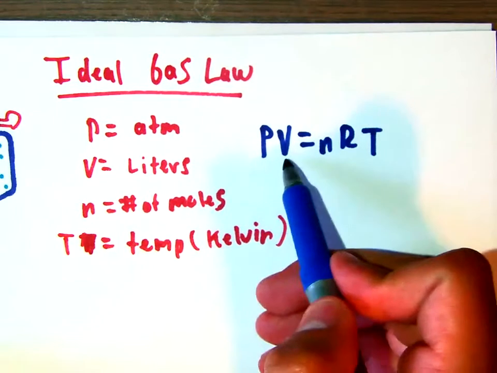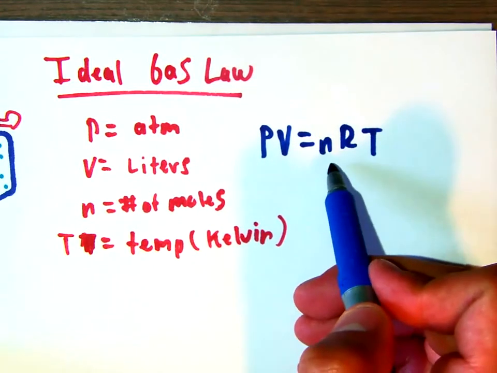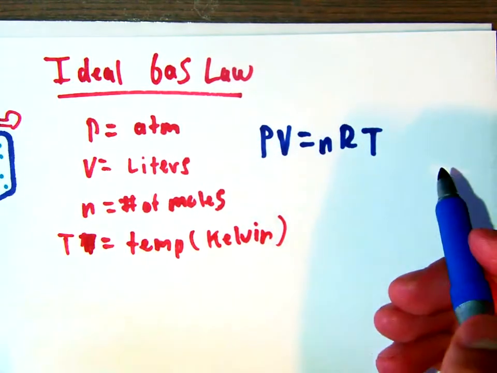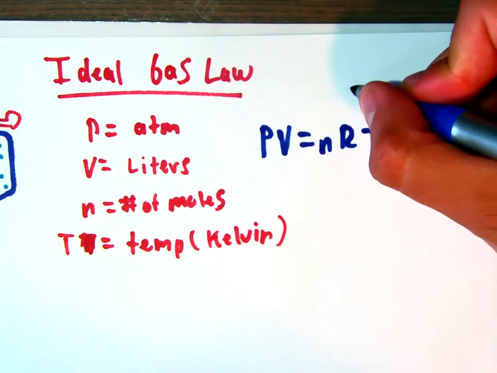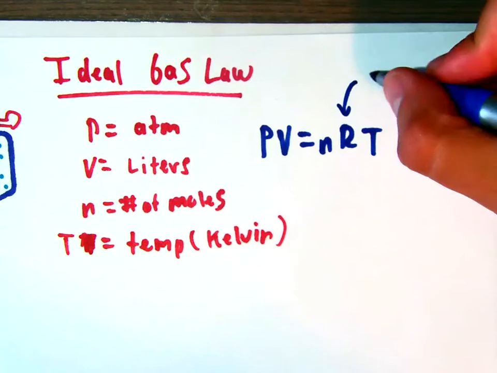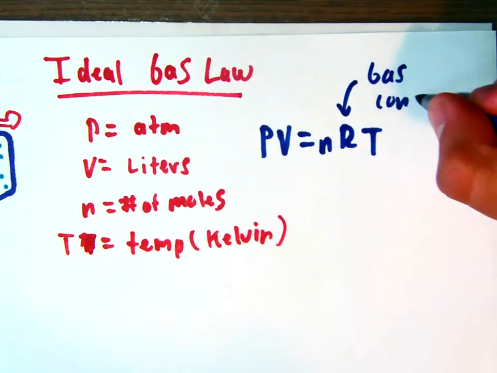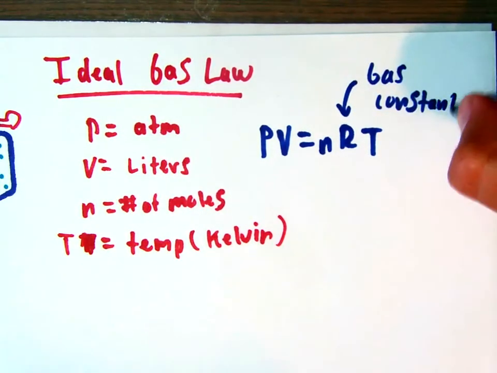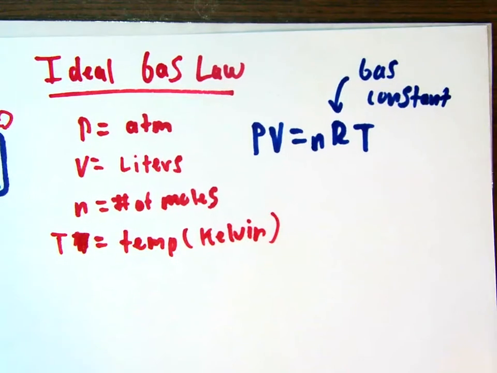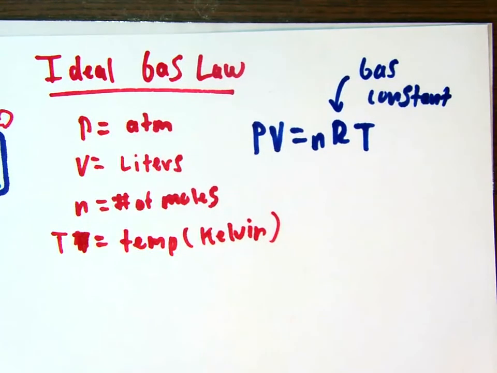Pressure times volume is equal to n times R times temperature. What is R? That is what we call our gas constant. It's a constant number that scientists have done experiments to figure out, so you don't necessarily need to know where it comes from. You just need to remember the value for R.